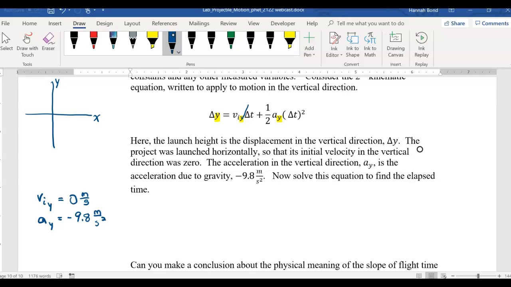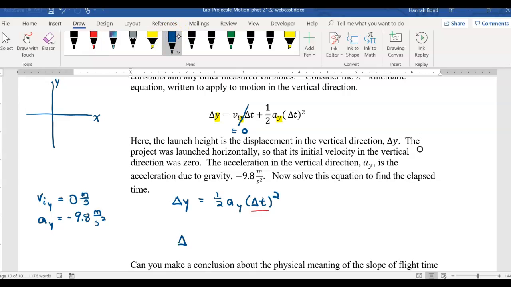This whole first term, v_iy times time, equals 0 because the initial velocity in the y direction is 0. So I have that the displacement in the vertical direction equals 1/2 the acceleration times time squared. And I'm just going to solve for time, the flight time.